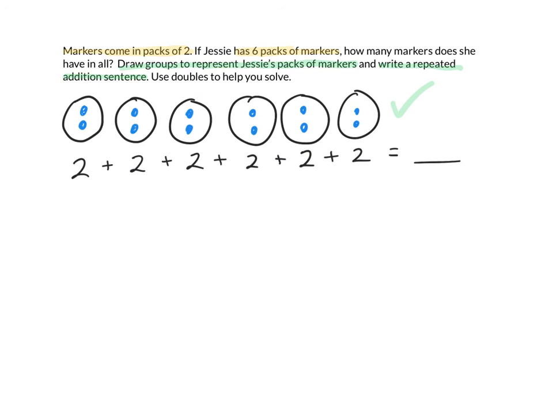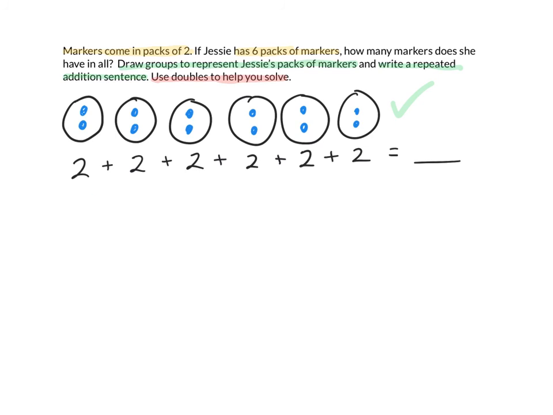Okay, now I'm not done yet because it does very clearly state right here in the directions, use doubles to help you solve. So the directions don't want me to just go through and count by 2s and show it. It wants you to show that you can count by doubles, okay? So now what I got to do is figure out what is the best way to solve this.